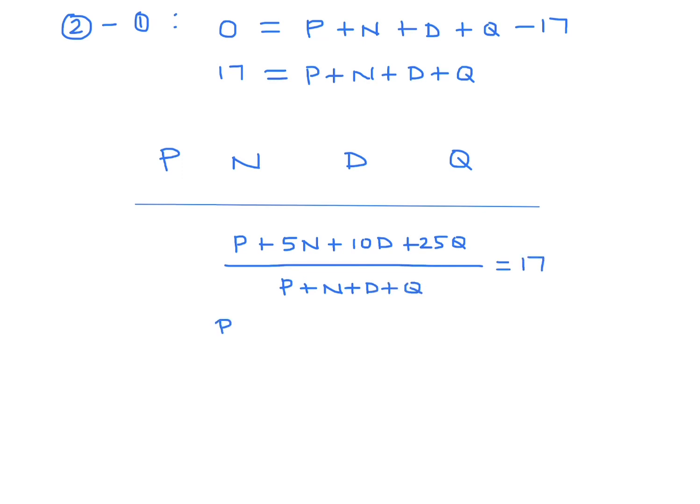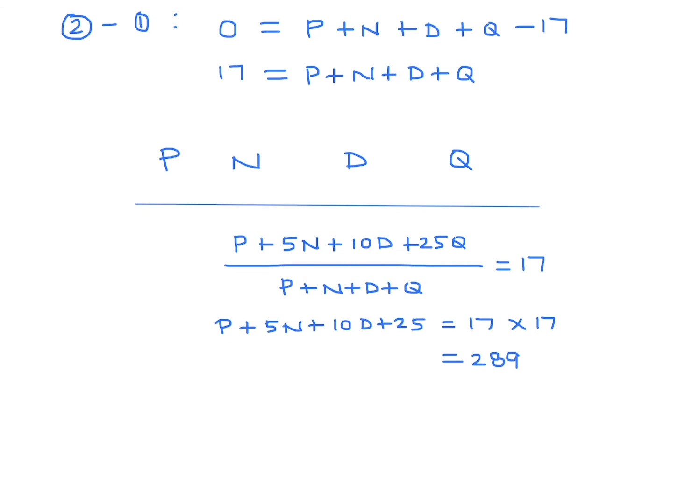All right? That means P plus 5N plus 10D plus 25Q is going to be 17, if you cross multiply, times this, but that we know is 17. So it'll be 17 times 17 like that, which is 289.